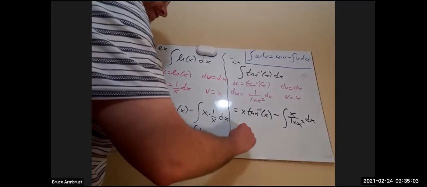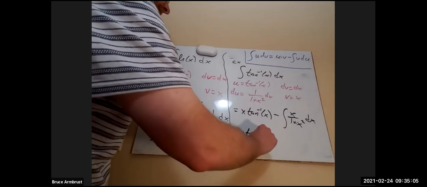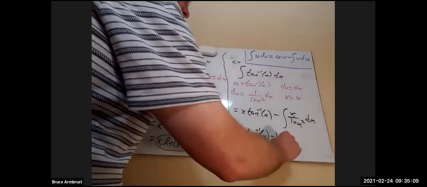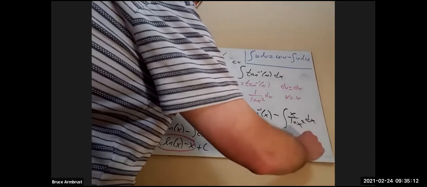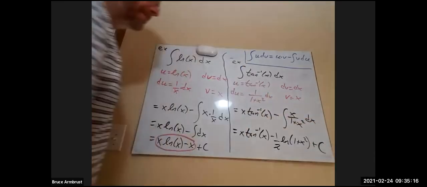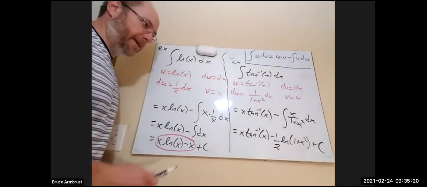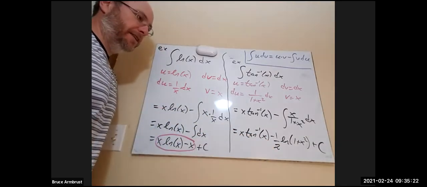So this is going to give us x times the inverse tangent of x minus 1/2 natural log of 1 plus x squared. I just did the u sub fast in my head. You can go back and work on it if you need to see it.